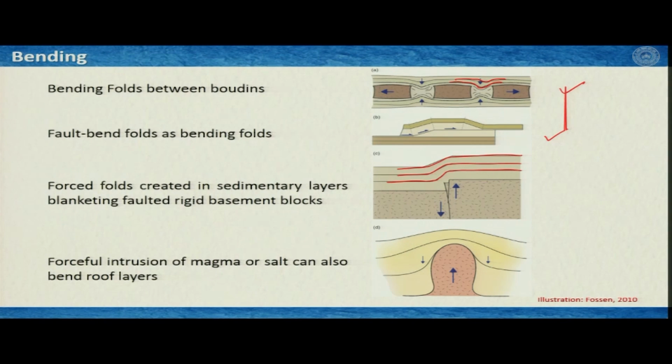Sometimes in large scale you also form bending folds, particularly during a magma intrusion or when the salt dome comes up to the surface. So, these are the examples. You can imagine this is a salt dome. The pink one, and the layers surrounding it, it has to intrude and then it forms a folded like feature, and this is a bending type of fold.